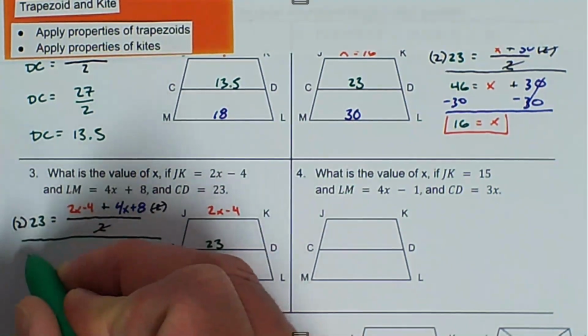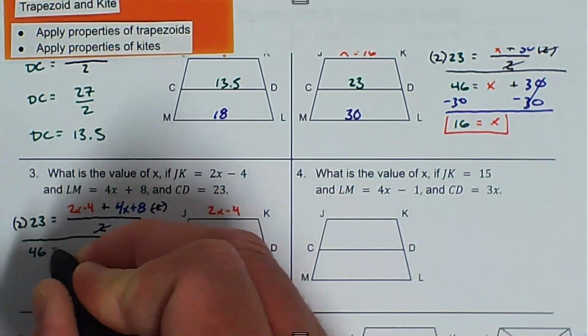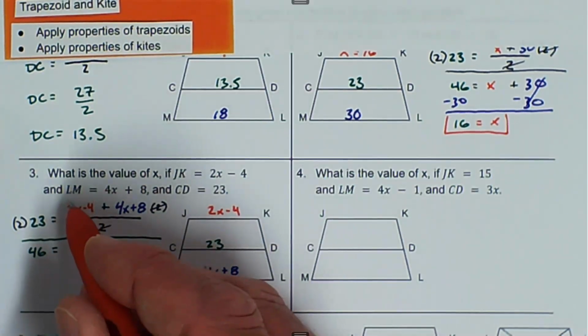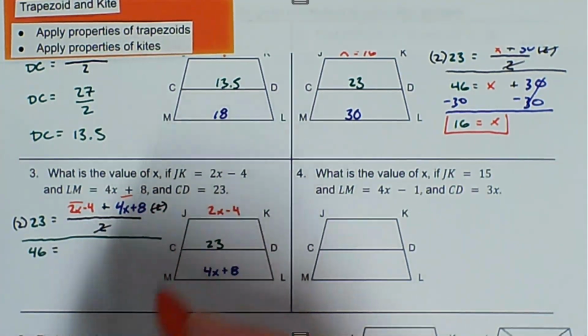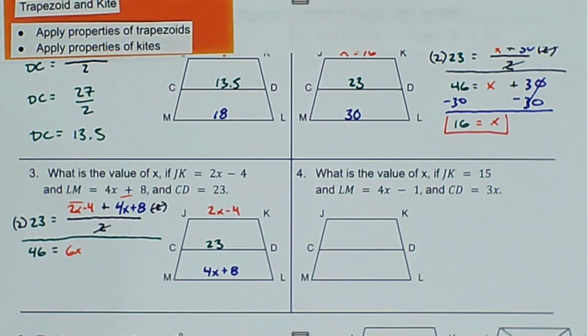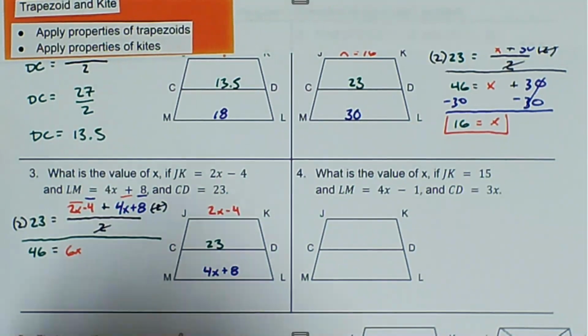And then we're left with 46 is equal to, what's left is we have 2x and 4x. That's going to be equal to 6x. And then we have negative 4 and 8. That is going to be equal to positive 4.